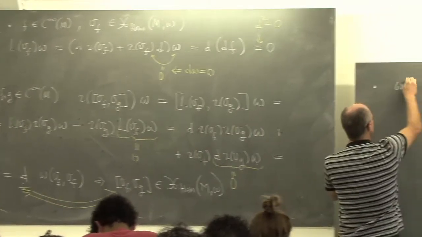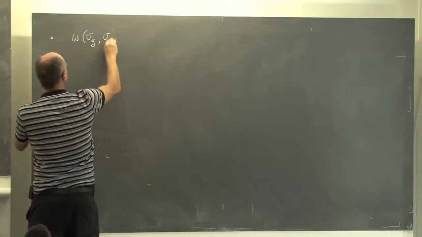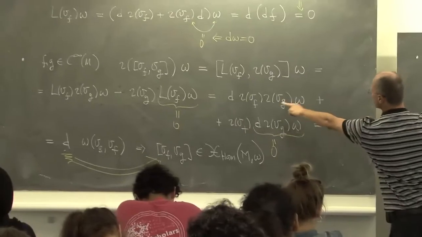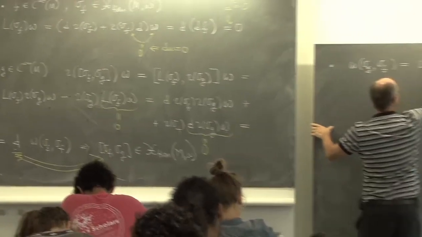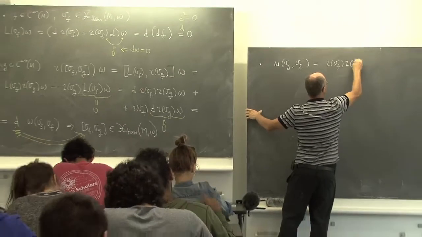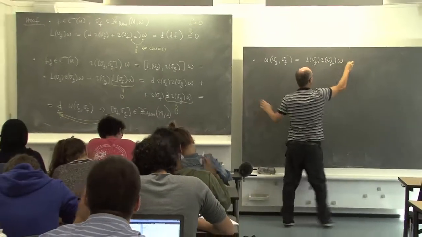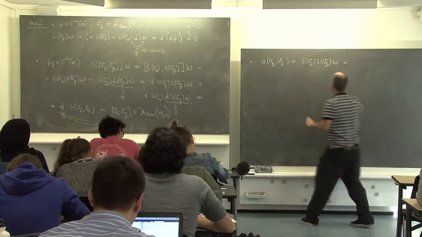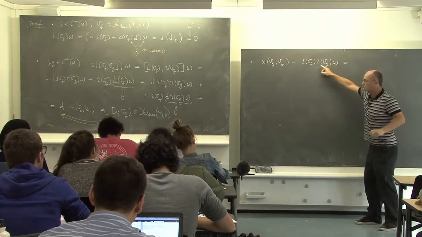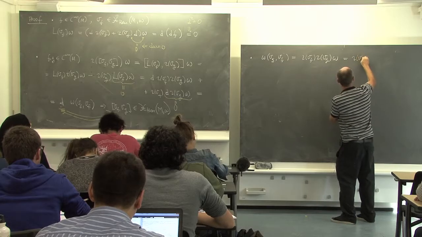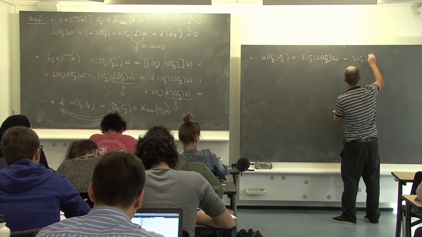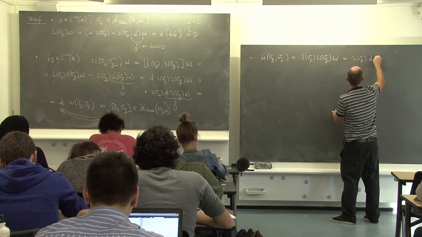So we have this omega of Vg, Vf, and I said it was equal to iota Vf, iota Vg, omega, right? Now, let's use the fact that this is a Hamiltonian vector field. So this is iota Vf dg.